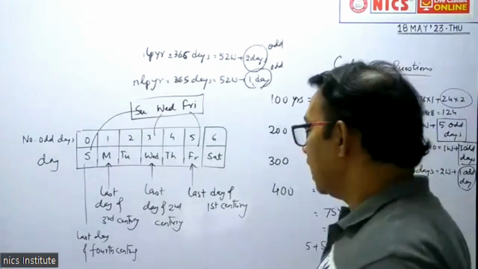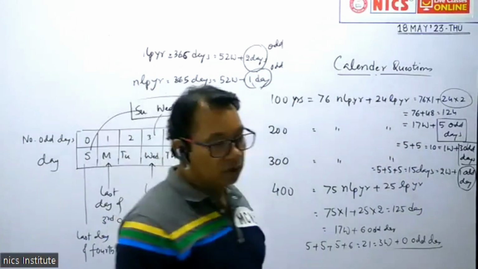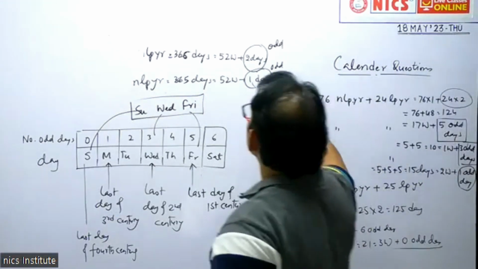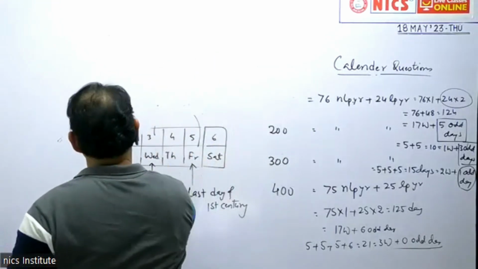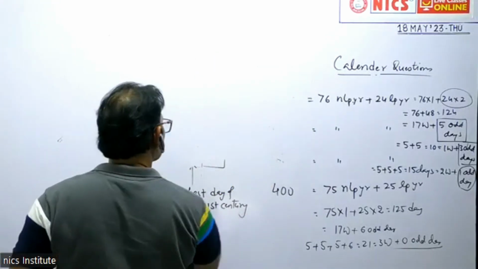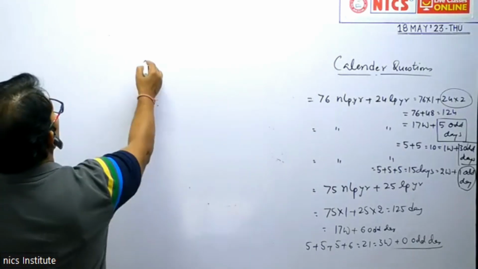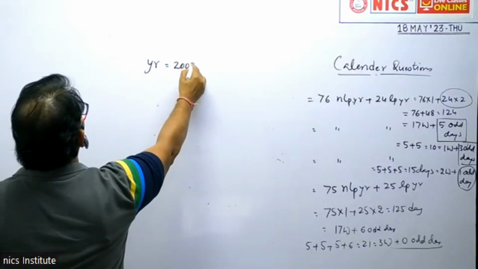Suppose a question that we have a calendar of the year 2000. We have the calendar of the year 2003.